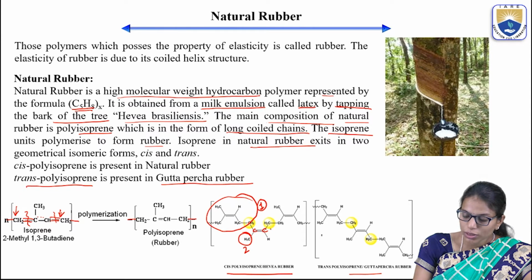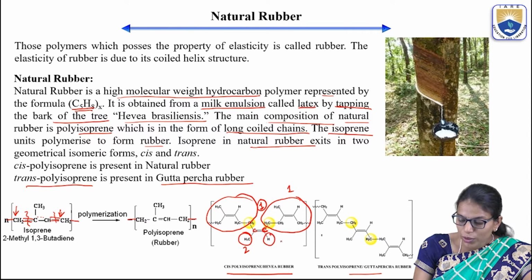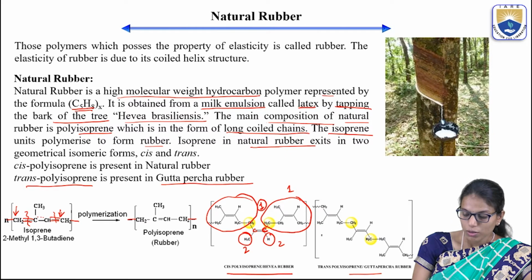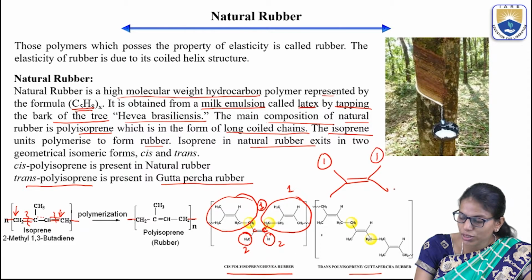Now coming to this carbon position, this is also a first priority and this will be a second priority on the basis of their molecular weight. So whenever any carbon-carbon double bond has this type of structure, it will be a first priority here, and here also it is first and there it is second priority.